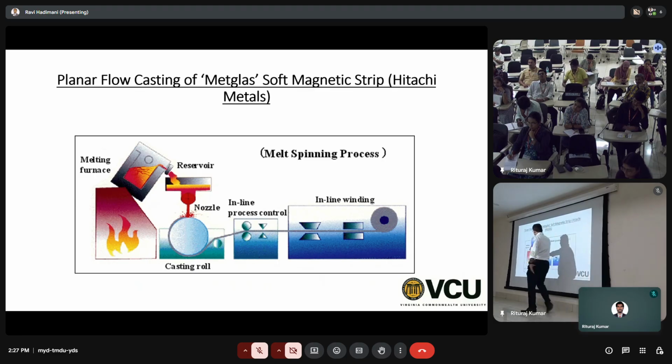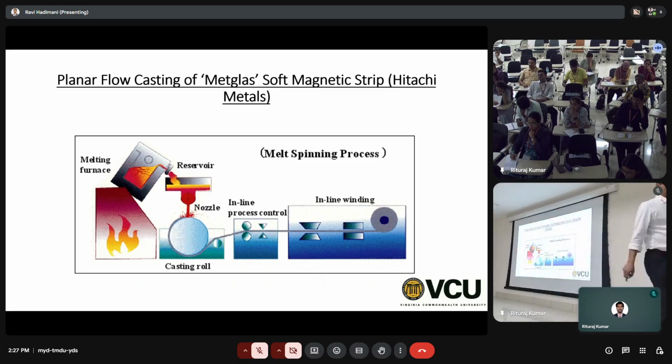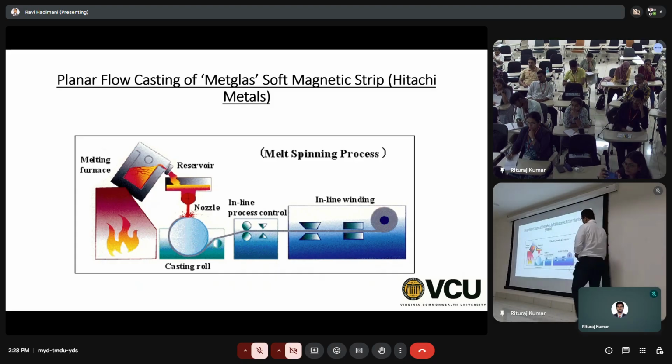So you don't give enough time for the molten metal to form crystals, and you get an amorphous structure for this kind of material.